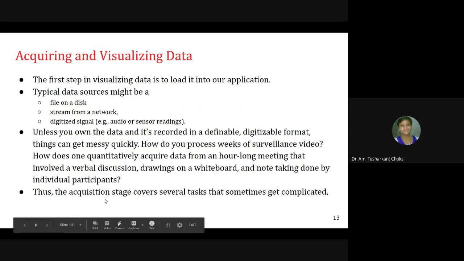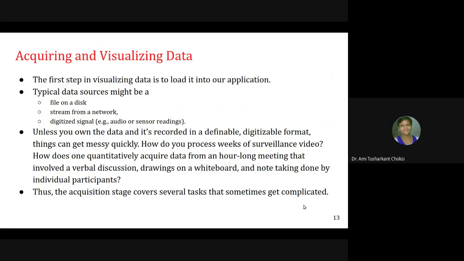Thus, the acquisition stage covers several tasks that sometimes get complicated. Take surveillance video, which is continuously monitoring something. These days our government is using cameras to capture whether we are wearing a seat belt or a helmet, something like that, right?